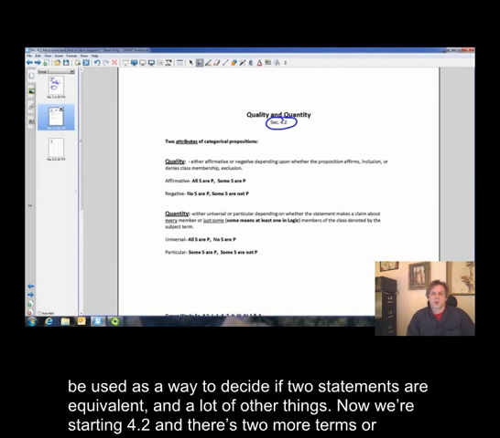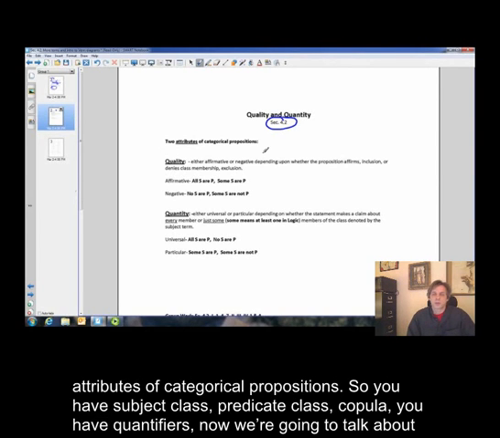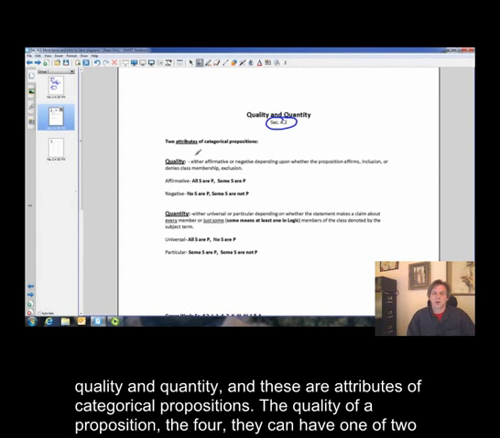And here's 2 more terms or attributes of categorical propositions. So you have subject class, predicate class, copula, you have quantifiers. Now we're going to talk about quality and quantity, and these are attributes of categorical propositions. Okay, the quality of a proposition of the 4, they can have one of 2 qualities.